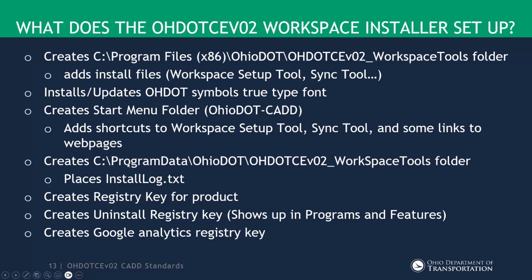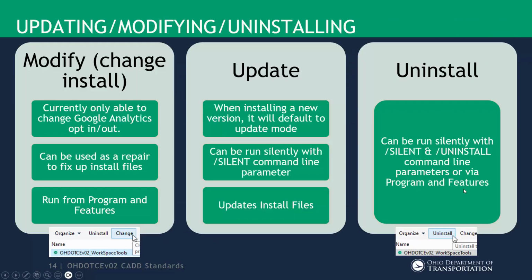It's going to make use of the ProgramData folder to help keep track of where your workspace instances are, as well as throw an install log there so you can look back on that. It'll also add some registry keys, and that's about it.